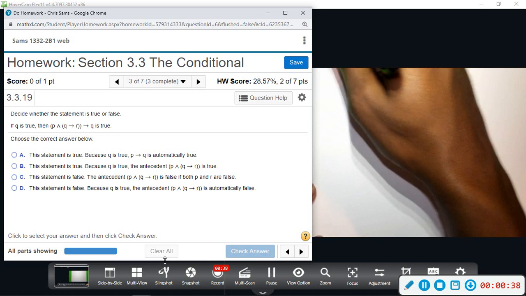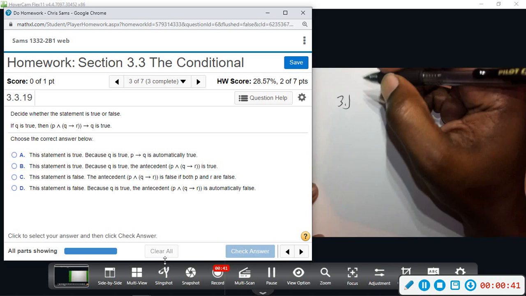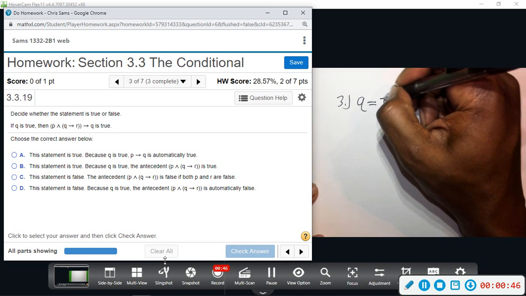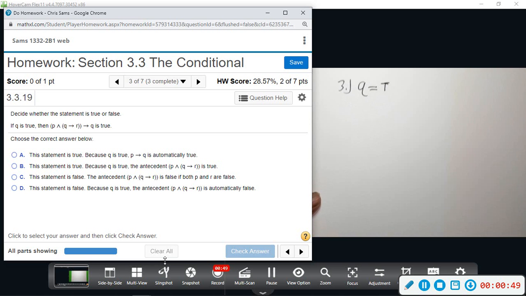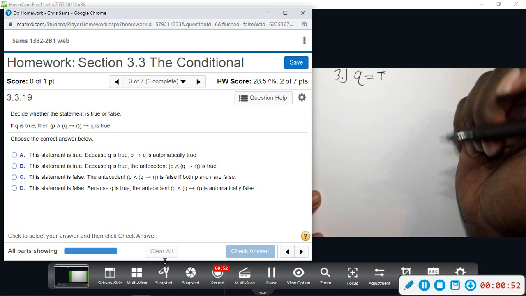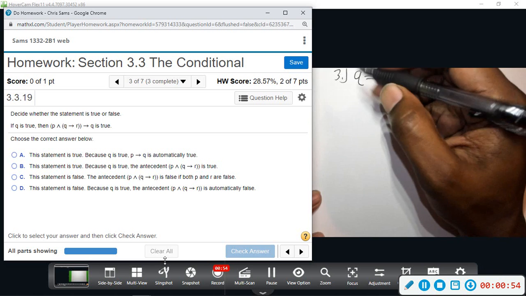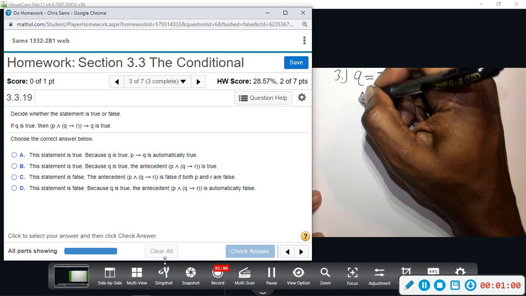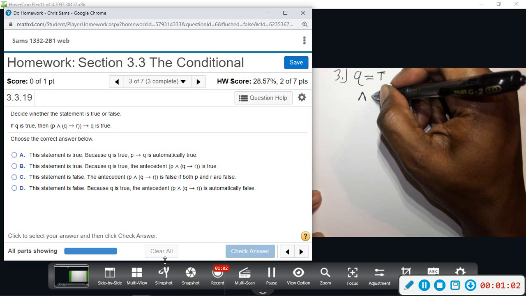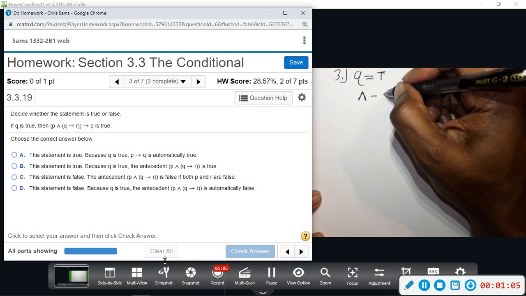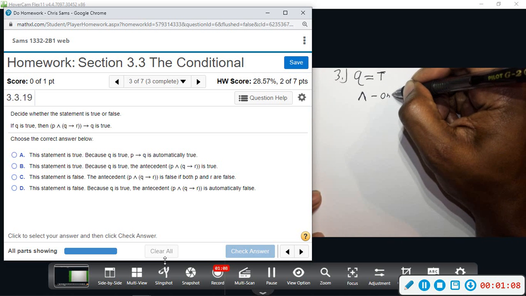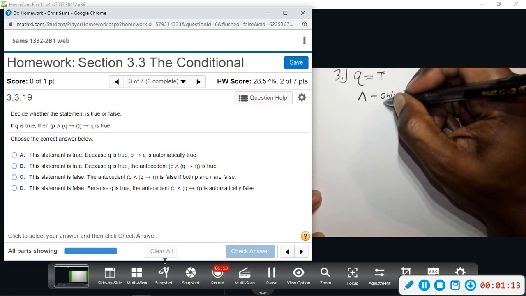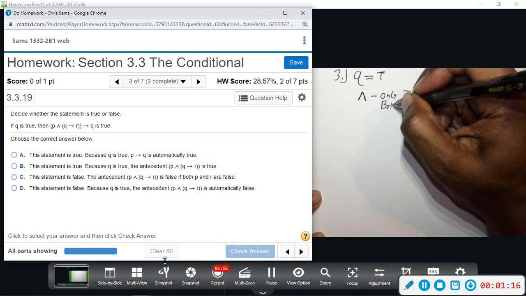So what we know in this example is that Q is true. We know that's a true statement. And what we know from conditional and some of the other terms we've been over is that when we see this symbol "and," we had a statement that this is only true if both are true.